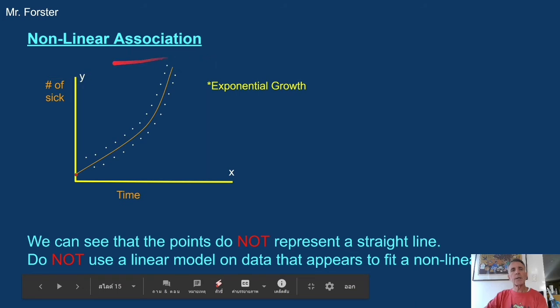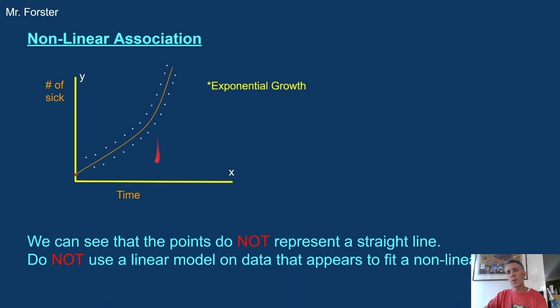And so here's a quick example of nonlinear association. We see the number of sick people over time. A lot of times diseases experience exponential growth. And so we can see here that these points do not follow a linear trend, but they are showing a trend, and it's nonlinear.